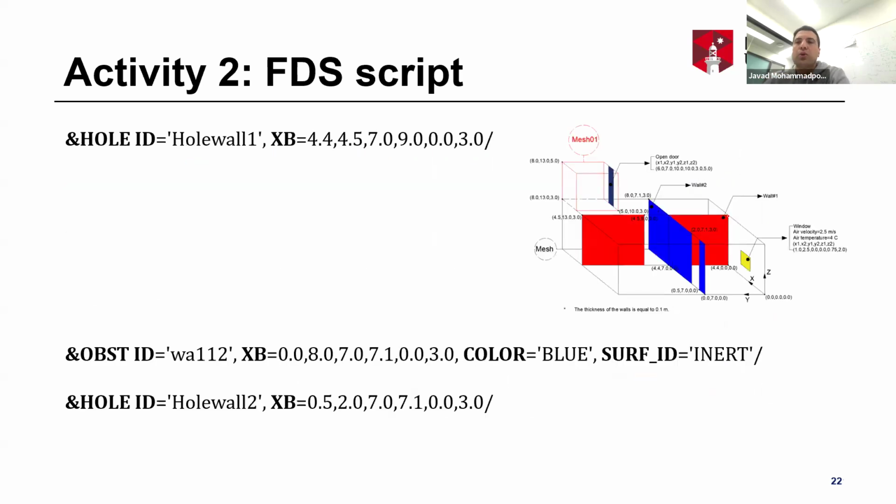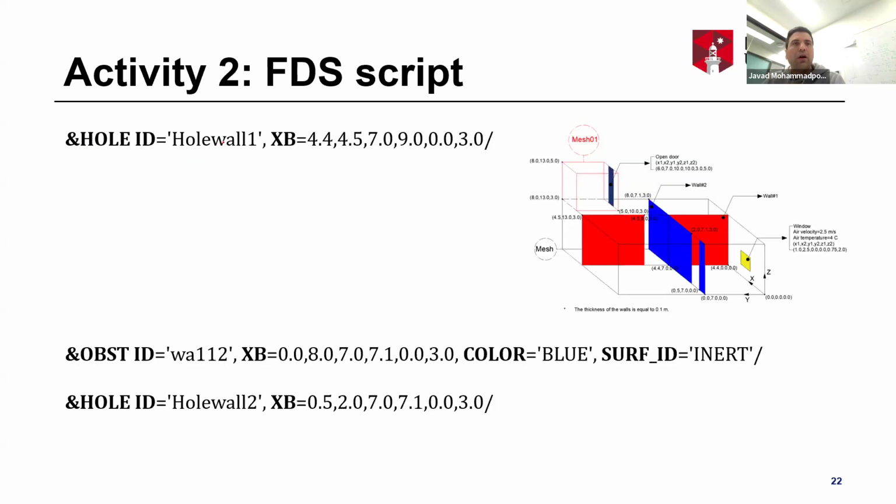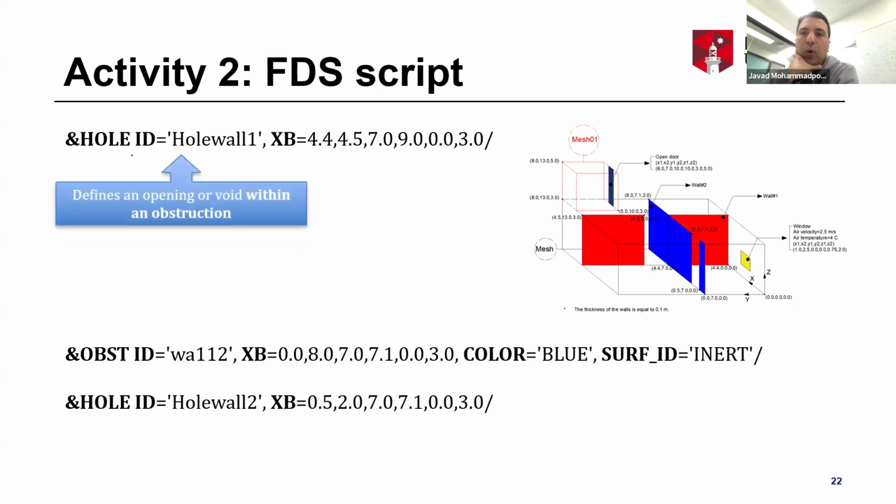Okay, so in the red wall, I mean the wall one, we have an open door. So it means that we need just to create a hole in our wall and inside the building. So we define the wall one, but now on the wall one, we need to define the hole.